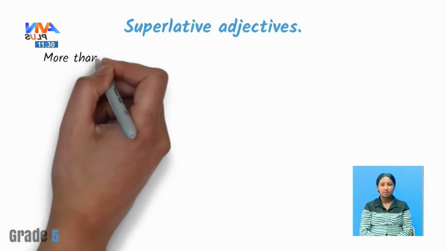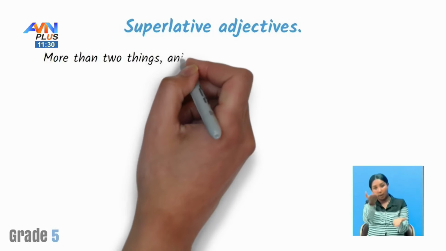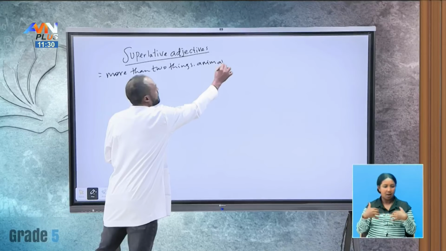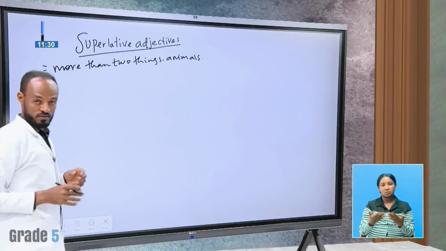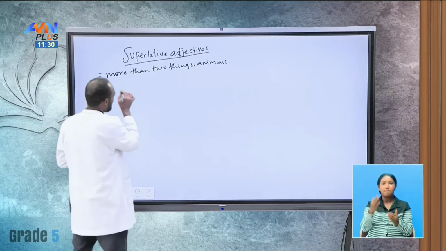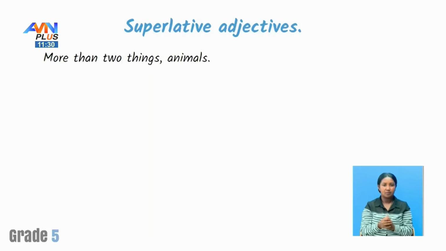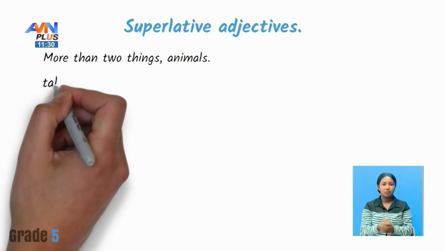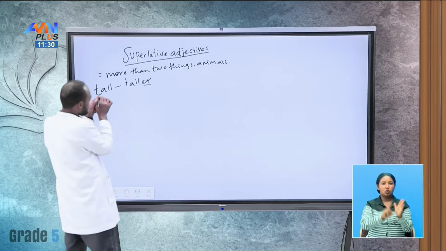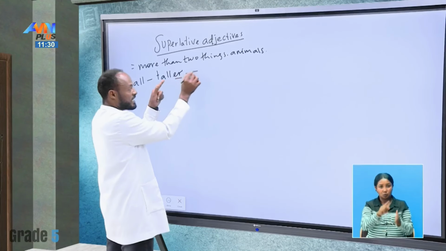More than two things: animals, persons, and so forth. Is it clear? So, more than two means, for example, here is the example: tall, taller. This one is positive. This one is comparative.